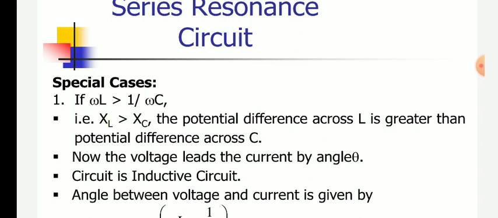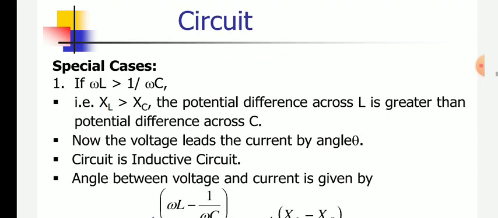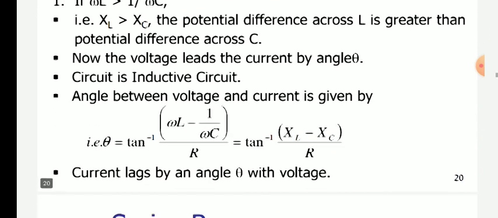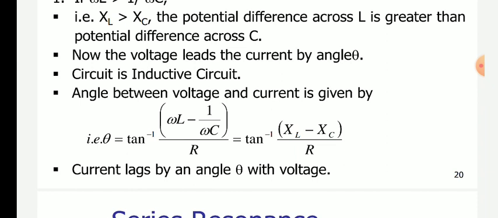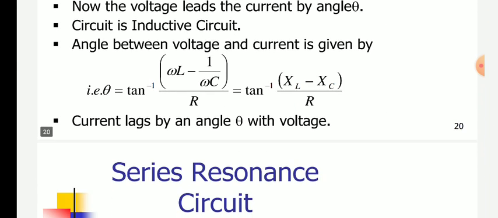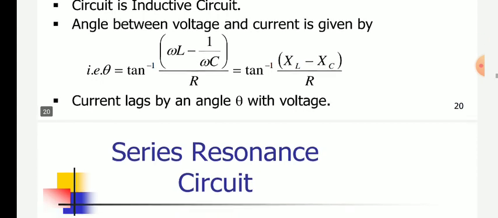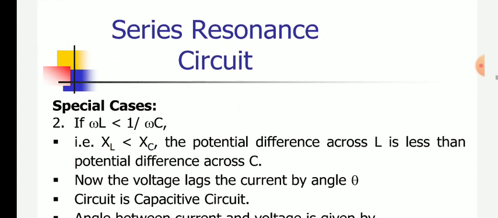The circuit is an inductive circuit. The angle between the voltage and current is theta is equal to tan inverse of (omega L minus 1 over omega C) whole divided by R. So the current is lagging by an angle theta with the voltage.